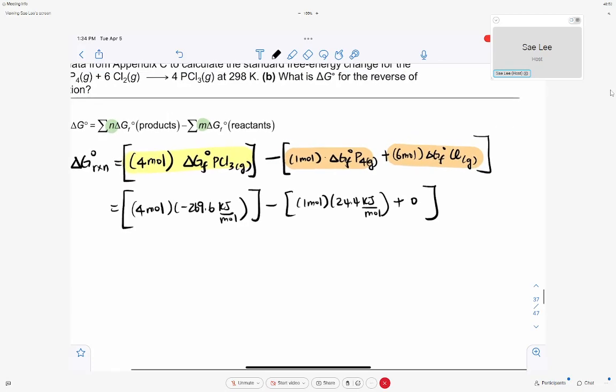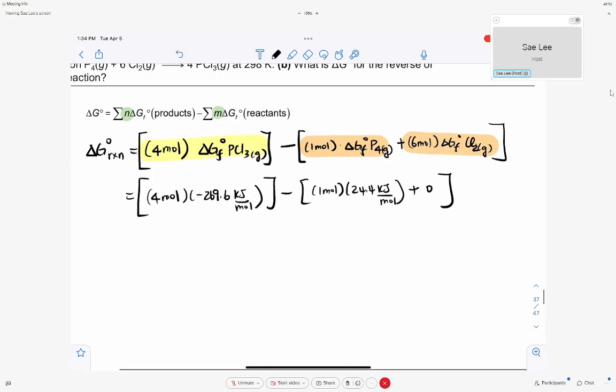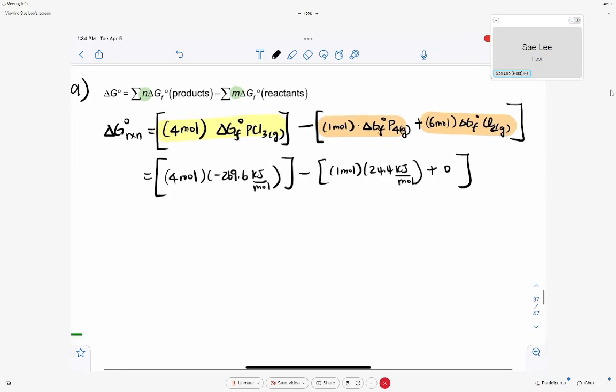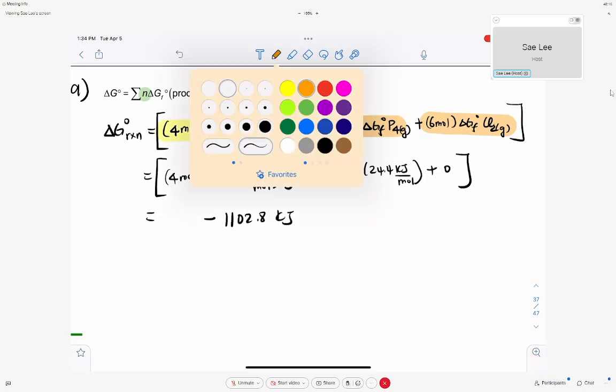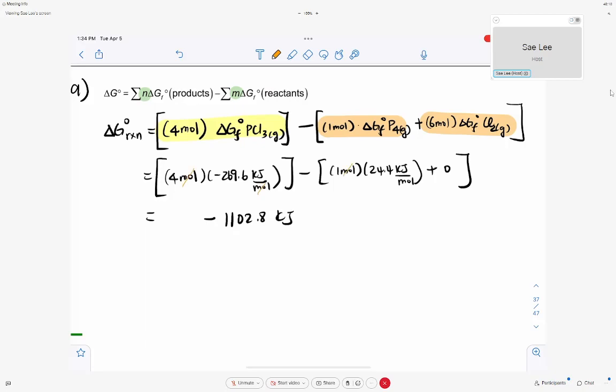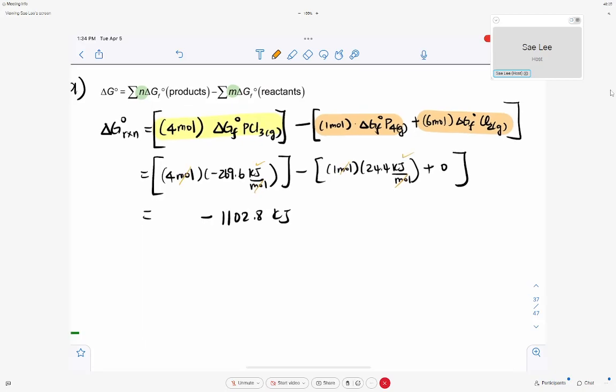I'm sorry, chlorine gas. The math turns out to be negative 1102.8 kilojoule. All the moles cancel out, and you're left with kilojoule.